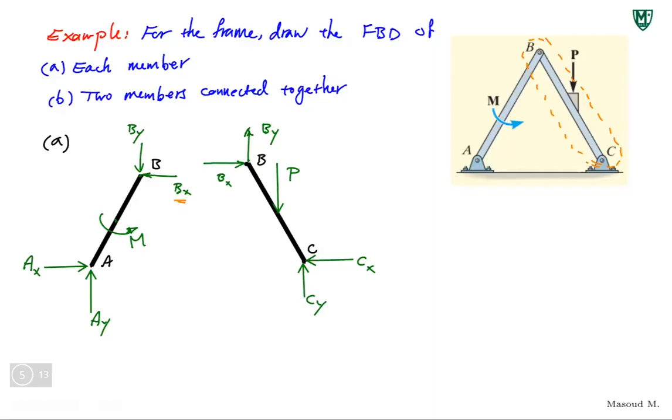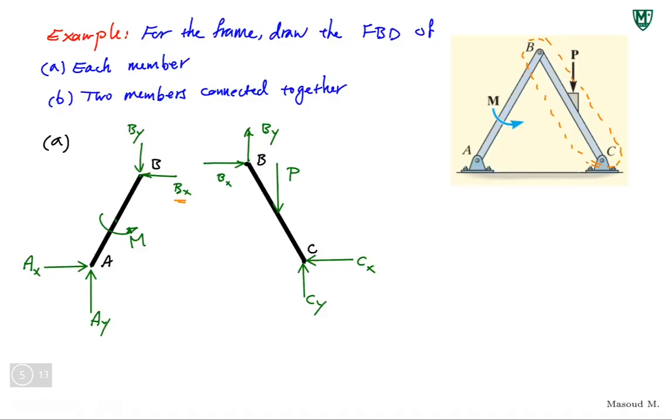Like at point B, there is no force applied, but there is an interaction between these two members. So there is some force applied from BC to AB and some force applied from AB to BC. Those forces could be zero when you do the analysis, but the assumption is there is some force. So you have to take them into account.